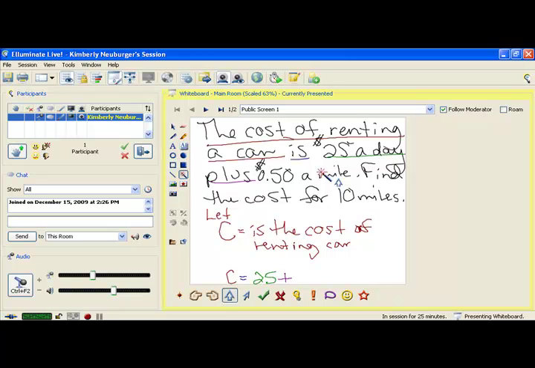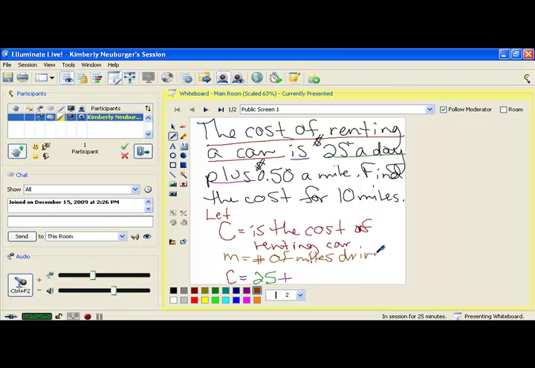And we don't have any variables defined for what the miles are going to be. And mile starts with M, so how about if we define M as being the number of miles driven. So right here we've defined what the variables in our equation are going to be. Now for the 50 cents a mile, that's going to be 50 cents times the miles. So we're going to have 0.5 times M, which is the 50 cents a mile.